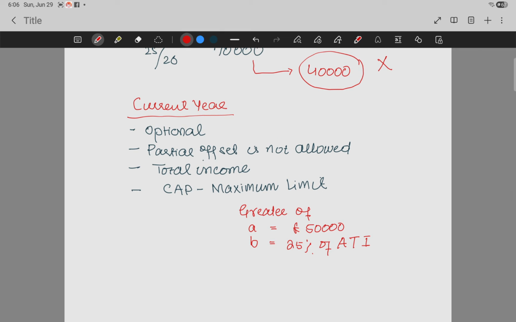So accordingly, first we have to calculate what is the maximum limit available, and then we have to decide how much to offset. Remember, partial offsetting is not allowed.